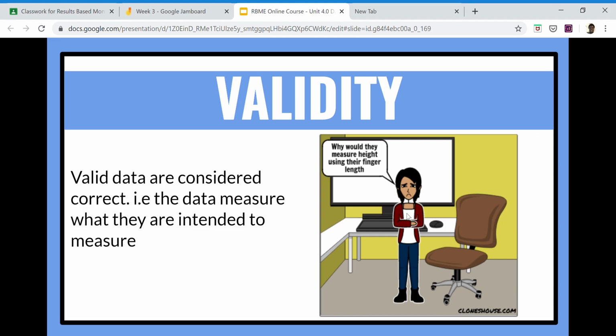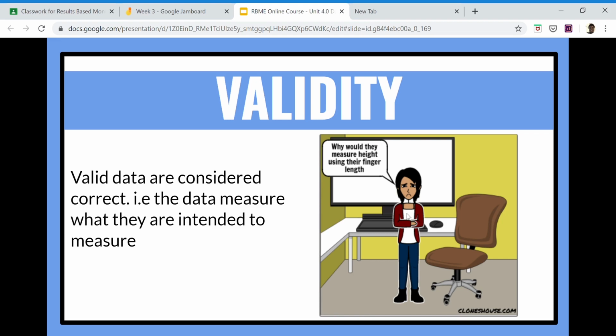So it talks about the standard way of measuring things. What do you use to measure? Are you measuring what you're supposed to measure? For example, the valid measure for nutrition might be variation in diet.